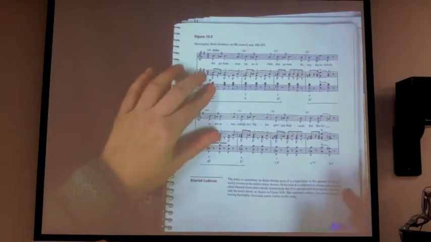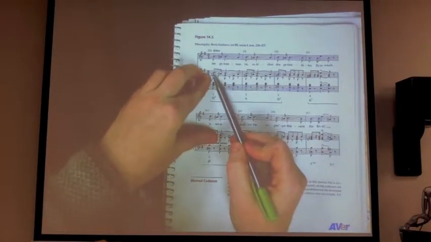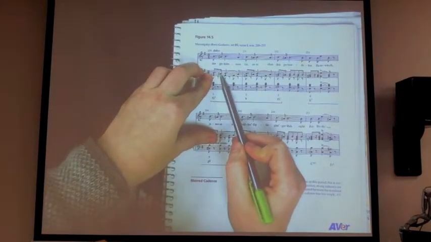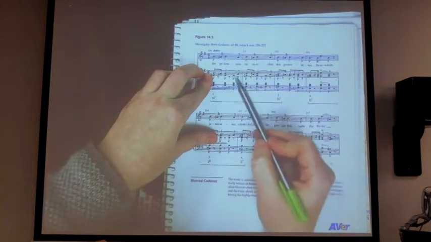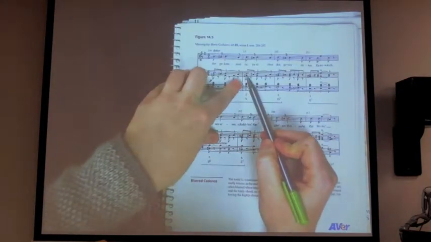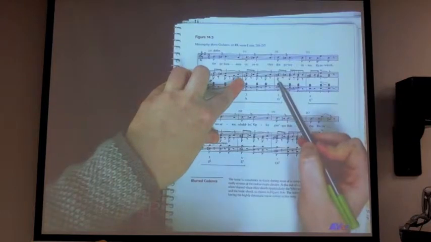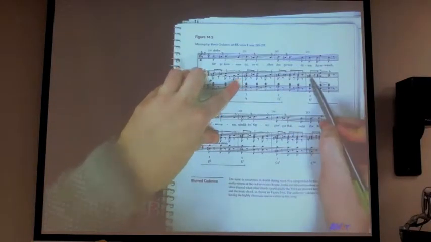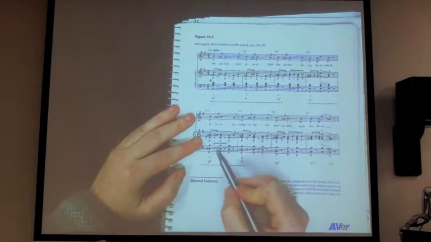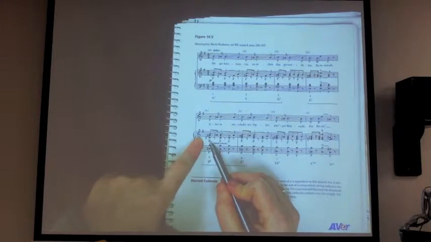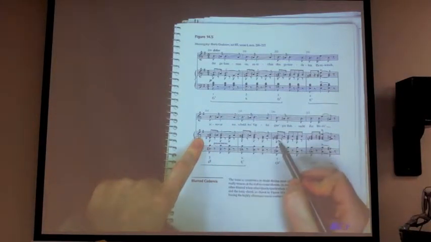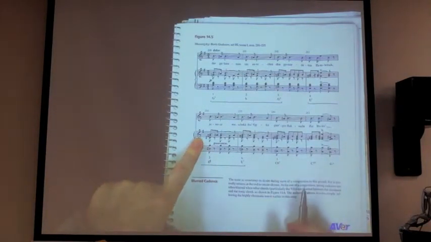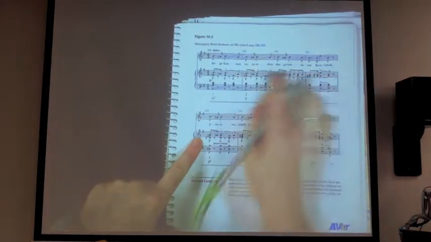You can see all of this chromatic stepwise motion. B to A sharp, right? And this F moves to F sharp, to G sharp, and then we start it over again. D sharp, E sharp, right? So this is the omnibus progression.